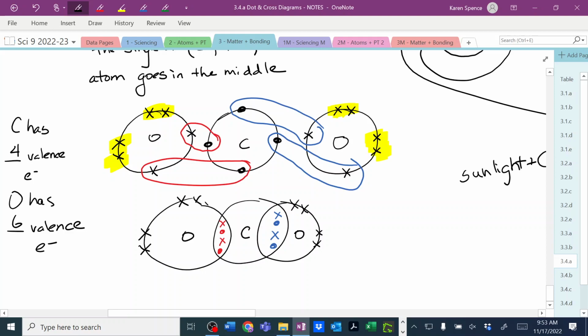I think you guys want to do a little bit of practice on drawing these? No? Okay, so we are starting on page 87.